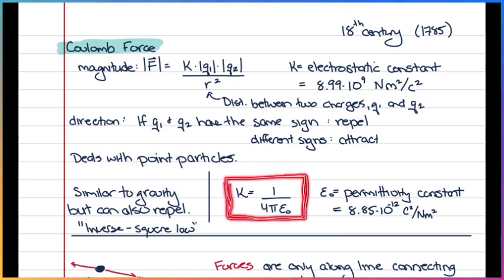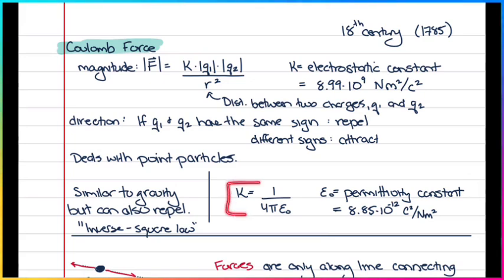So, when we get into fields in the next section, this epsilon naught, which is called the permittivity constant, is essentially saying how the electric field can permeate through space. And again, don't worry too much about this right now, but I'm just putting it there for completeness. So sometimes you'll see F is 1 over 4 pi epsilon naught times Q1 Q2 over r squared.